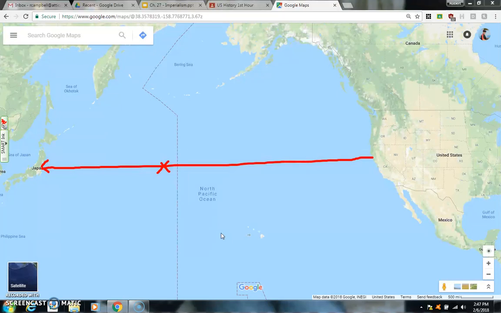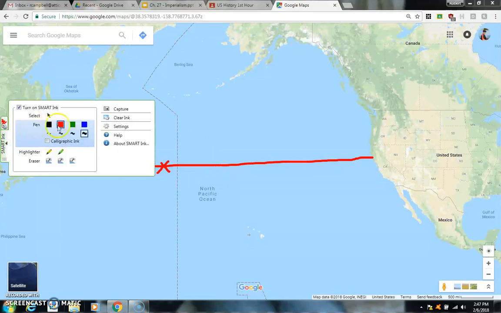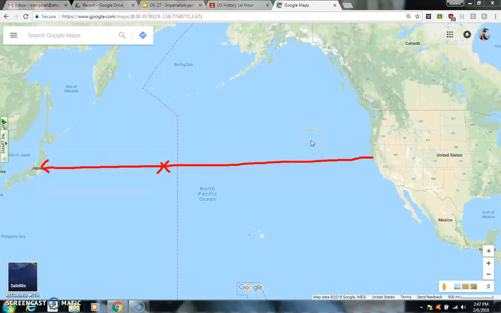And once you get to where that red X is, you're out of coal, which means that your steam engines can no longer move, which means you're stuck, basically. You need some way of getting all the way across the Pacific Ocean. And what we're going to settle on is you need like a gas station, only with coal instead of gas.